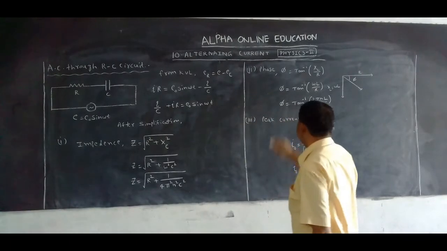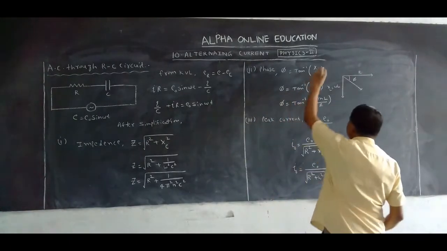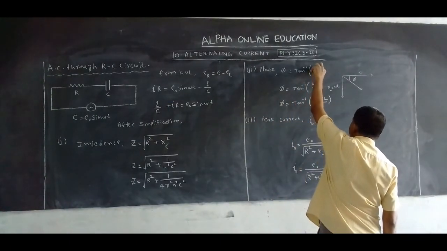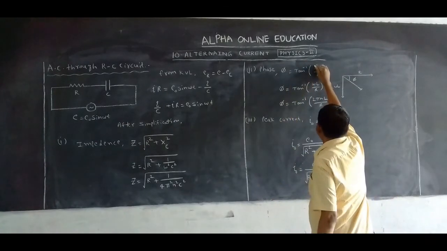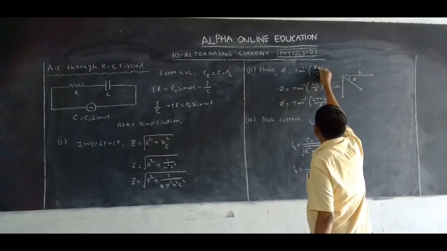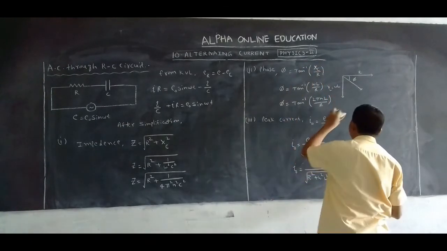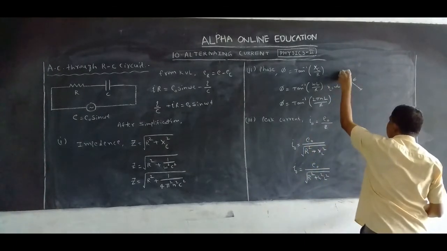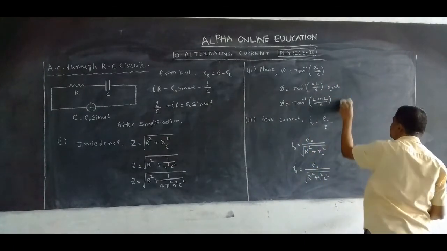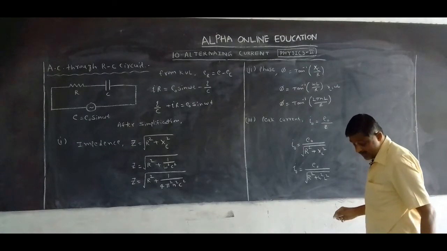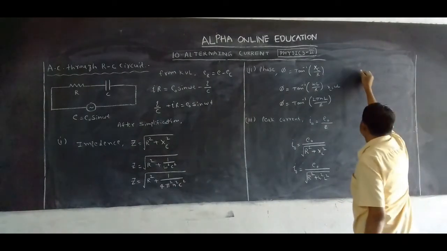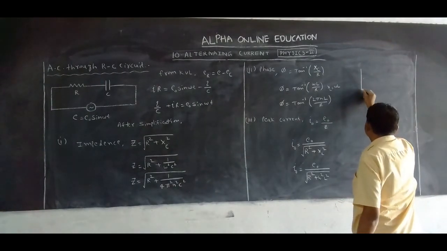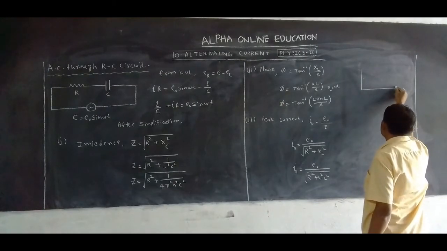Now what is the phase? The phase is like this, where XL is there, at that place what we can write? XC. But in capacitor, AC current is in advance. That's why we take the diagram like this.